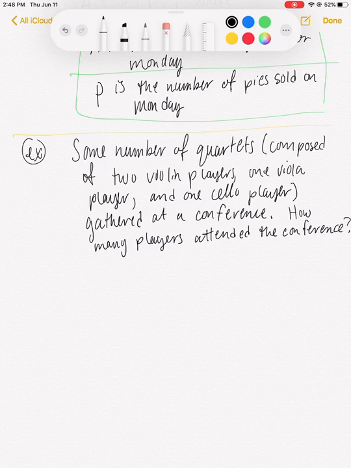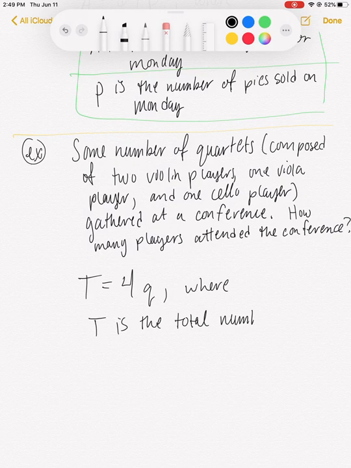Okay, so we have 4 players essentially in each quartet. So we want to find a variable that represents the total, 4 players for each quartet times the number of quartets. Okay, we have our equation, we need to write down what each of the variables mean. T is the total number of attendees.